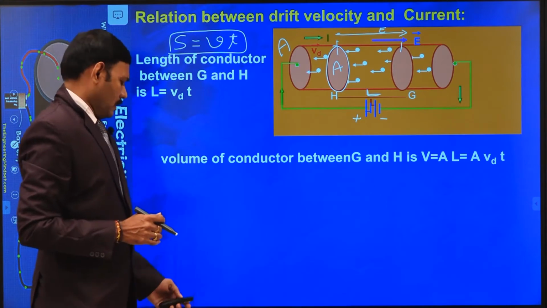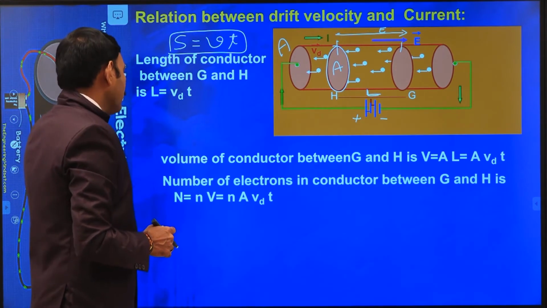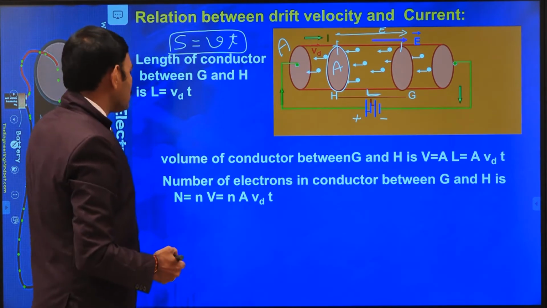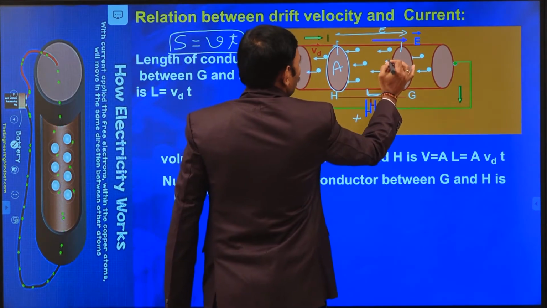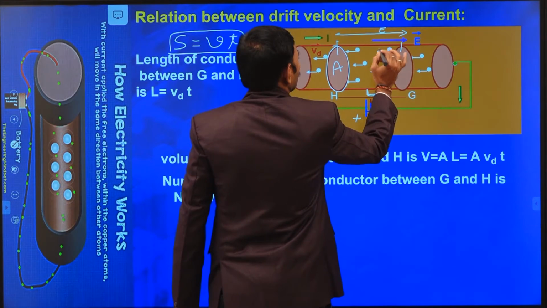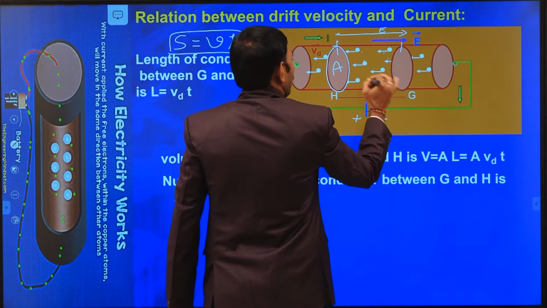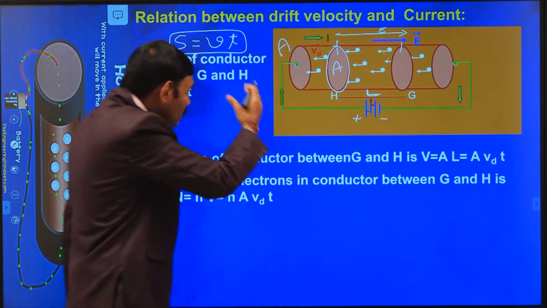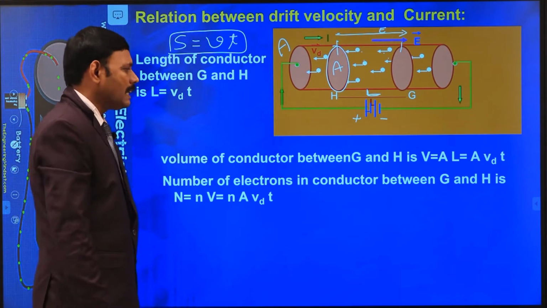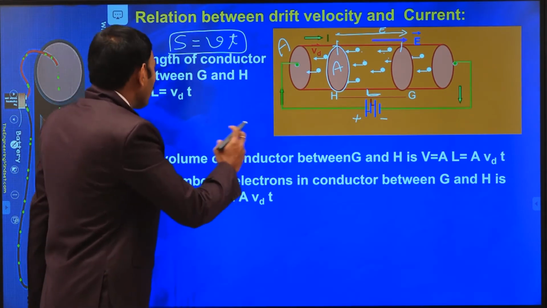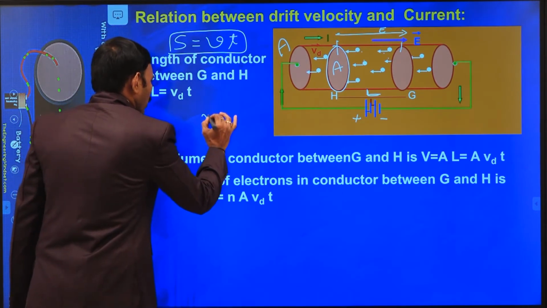Next, the number of electrons in the conductor between G and H. Electrons are moving. In the diagram we have some electrons in the given volume GH of the cylinder. The number of electrons per unit volume is small n.